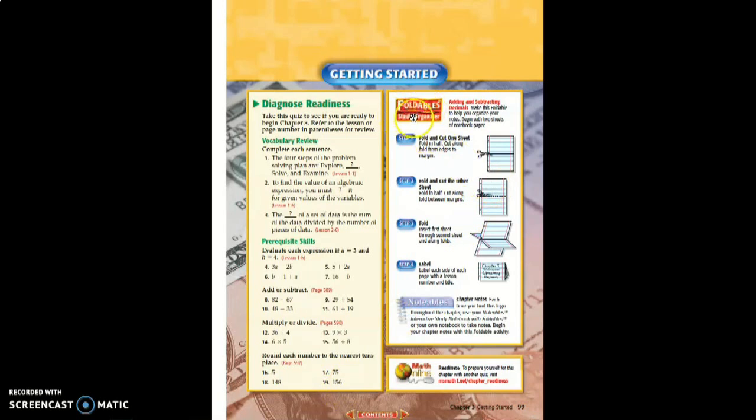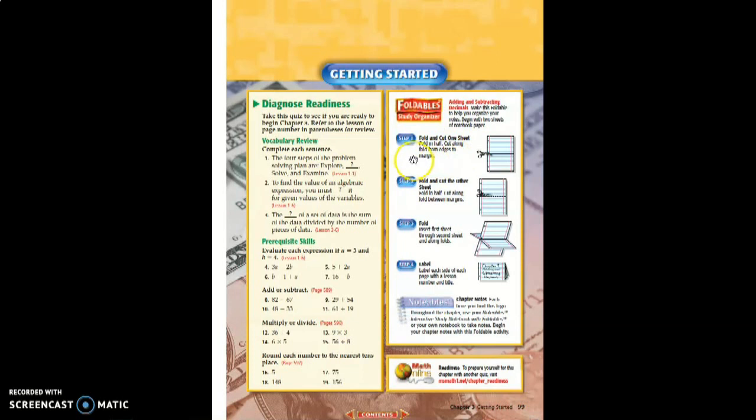Foldable study organizer. Adding and subtracting decimals. Make this foldable to help you organize your notes. Begin with 2 sheets of notebook paper. Step 1. Fold and cut one sheet. Fold in half.